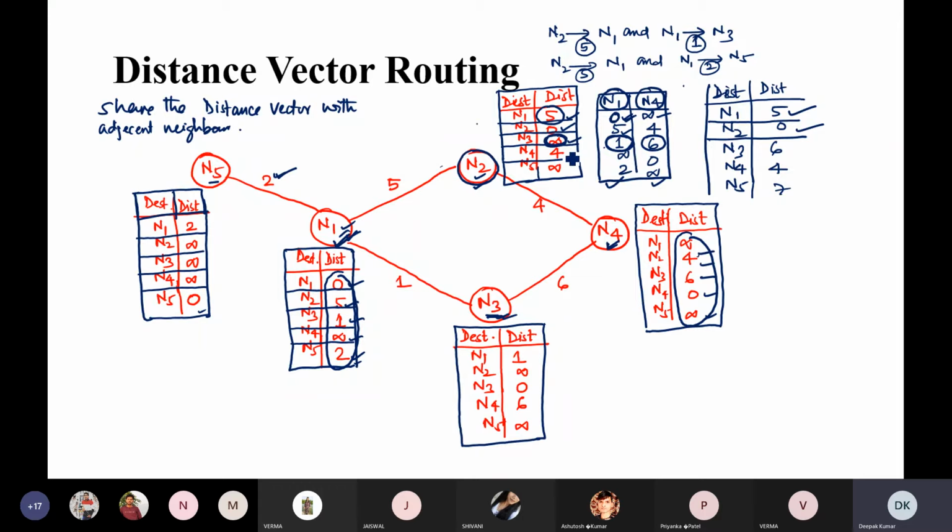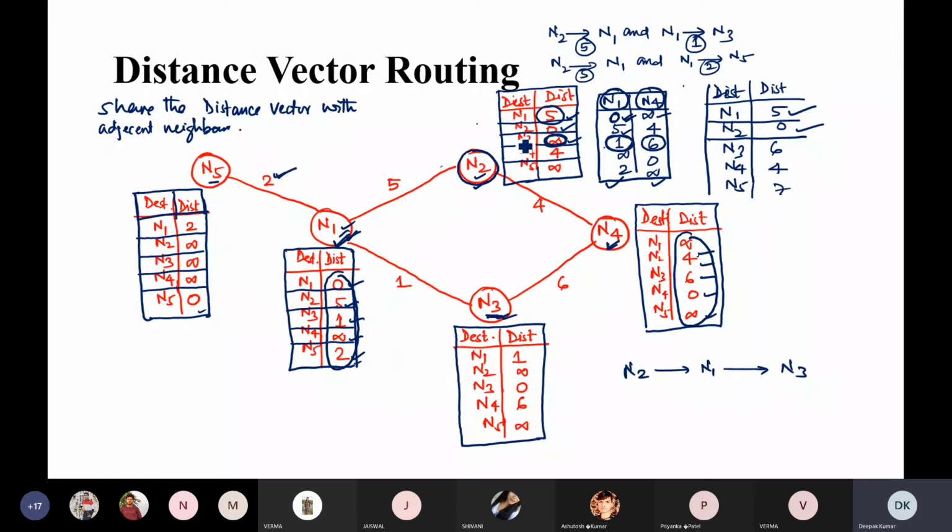It will compare N3 to N1, what is the cost, and after that N1 will say that I can give this cost to reach the destination N3. So at N2, first it has to go to N1, after that N1 to N3.